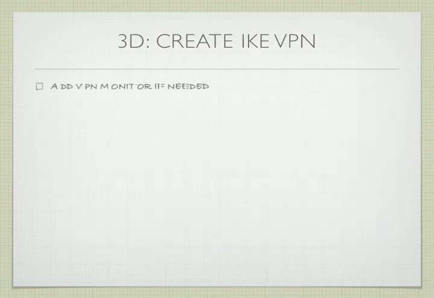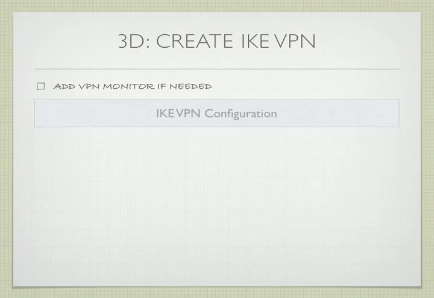An optional configuration you have is VPN monitor. This can also be used with policy-based VPNs. It is a feature that allows you to keep a tunnel alive even if there's no traffic being generated on either side of the tunnel.